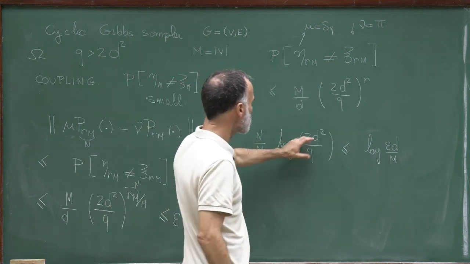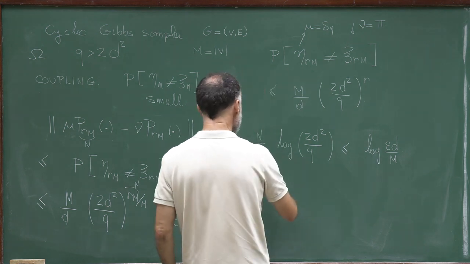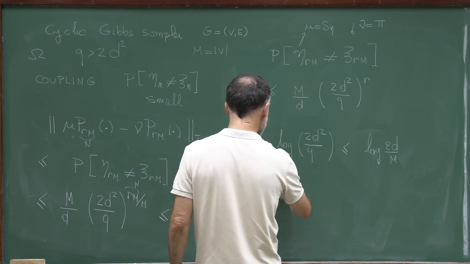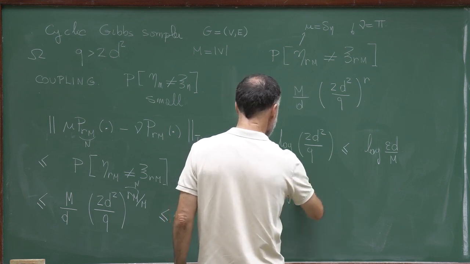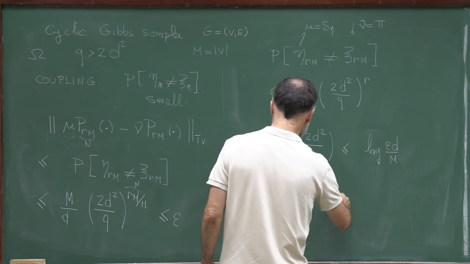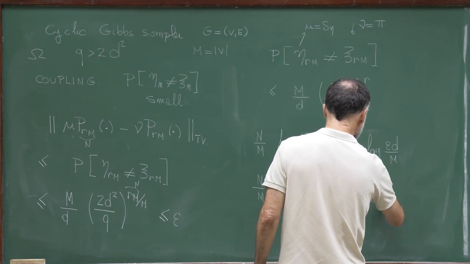Now, this is a quantity which is smaller than 1, so let me multiply by -1, so I get that log of q over 2d squared has to be larger than log m over epsilon d.